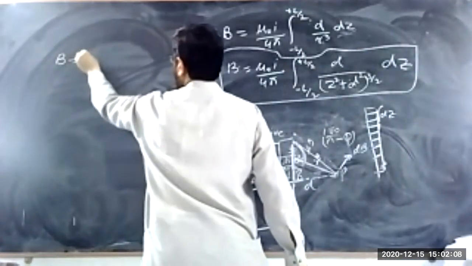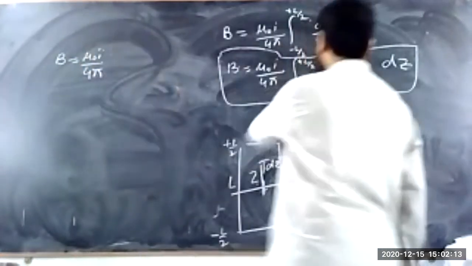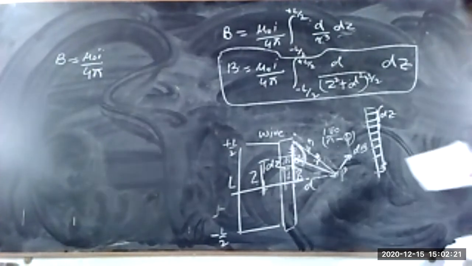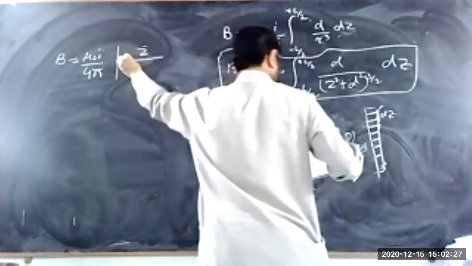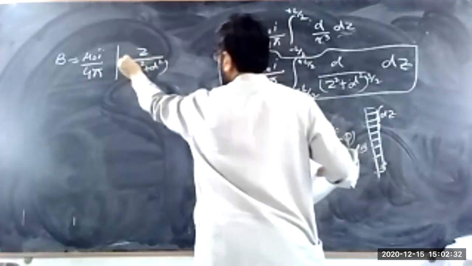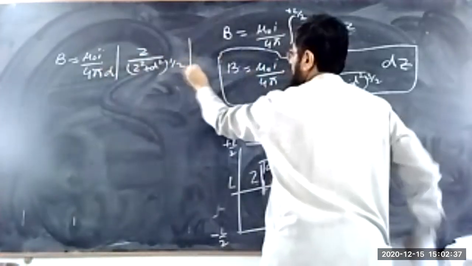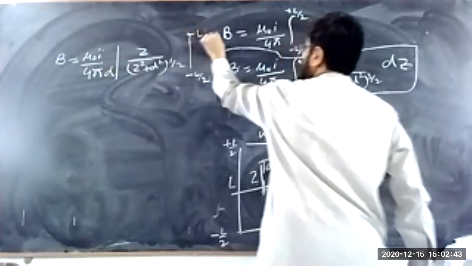Here B is equal to mu naught I over 4 pi. The result of this integration is z upon (z square plus d square) power 1 by 2, and we substitute the limits from minus L by 2 to plus L by 2.